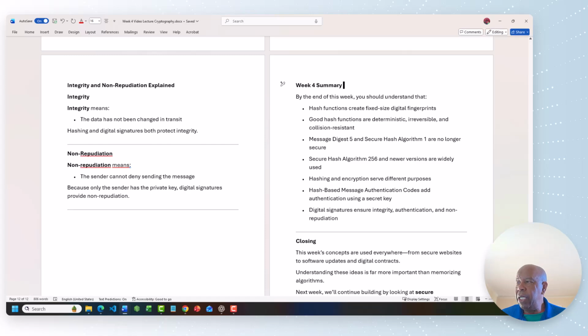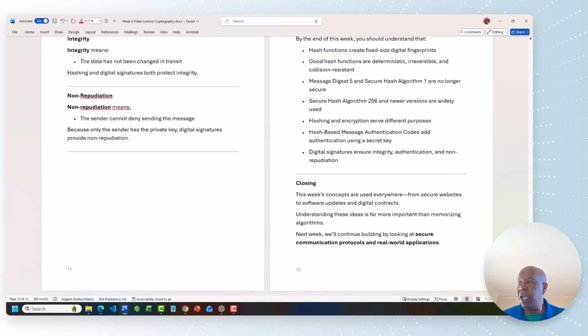So in closing, this week's concepts are used everywhere, from securing websites to software updates to digital contracts. Understanding these ideas is more important than memorizing algorithms. We're not really talking about what's involved in MD5, what's involved in SHA, what's involved in HMAC, but what does it do?